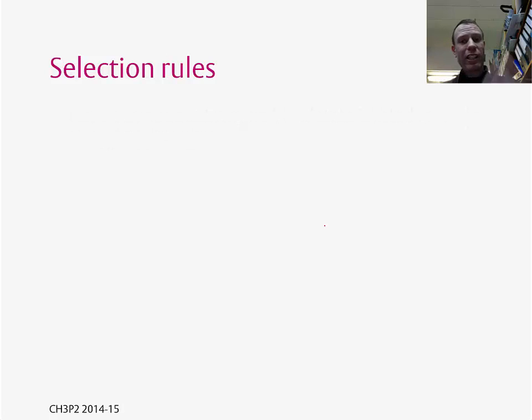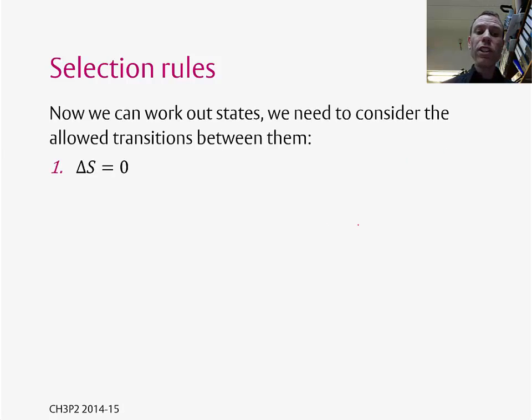So now we've got our electronic states, we need to think about whether we're allowed to have transitions between them, and so of course this gives rise to a number of selection rules. They are fairly similar to what we've seen already for atoms, it's just some of the letters change. First of all, delta S equals 0. So the total spin angular momentum is not allowed to change. If you start off with a singlet state, you always end up in a singlet state.